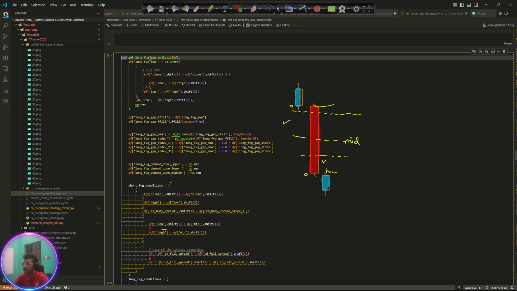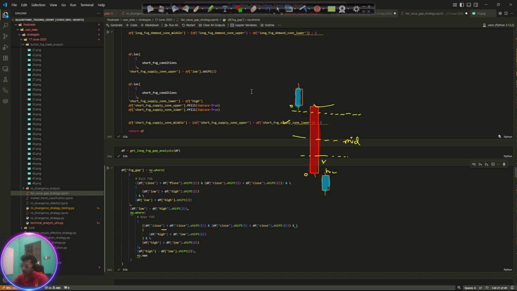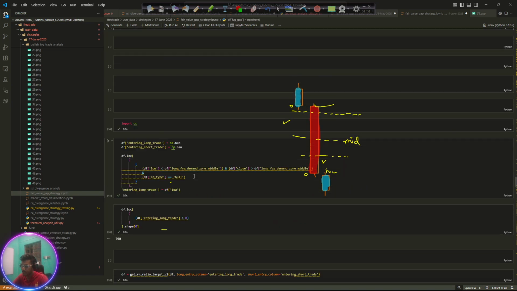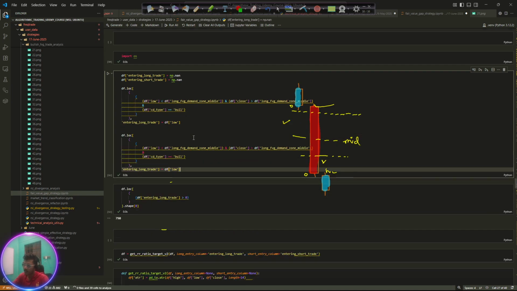Let's see how it looks. I'm going to put some short trades as well.